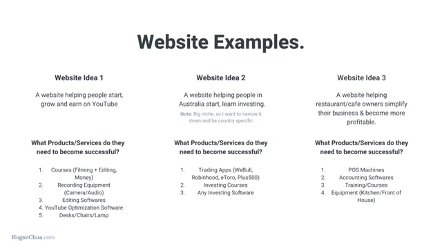So I wanted to create a very specific one just for Australian people, and you can create one specific for your country as well, because investing is a very, very big niche and also a very profitable one because it's talking about money. You do want to narrow your niche down sometimes. And another website idea is a website helping restaurant owners and small cafe owners simplify their business and become more profitable.